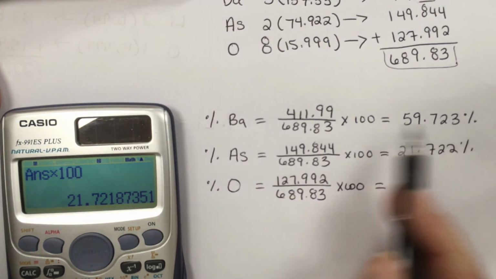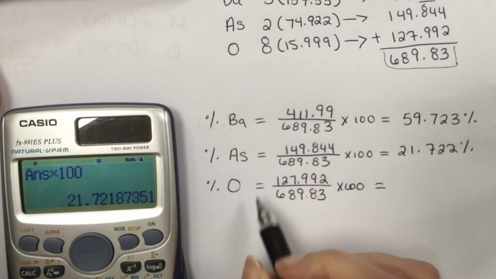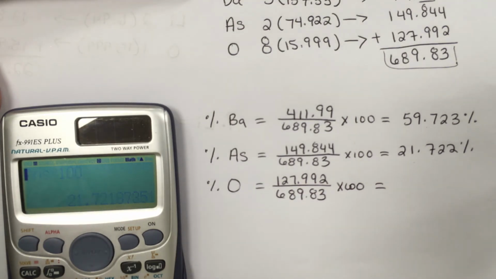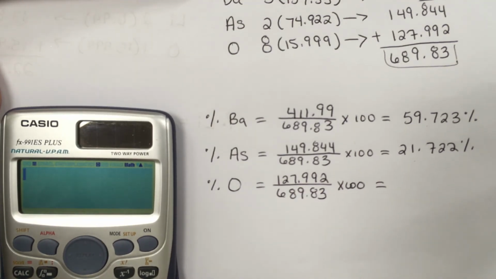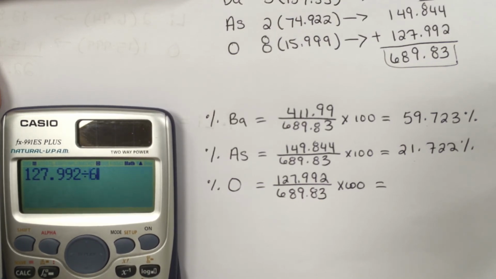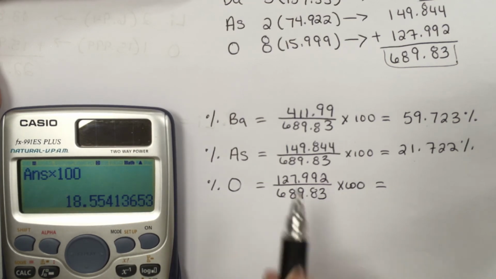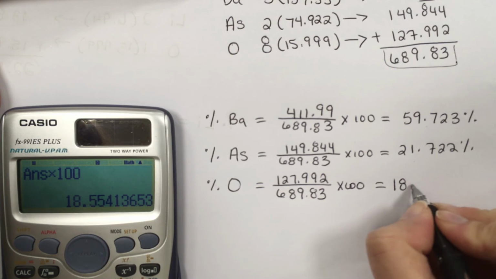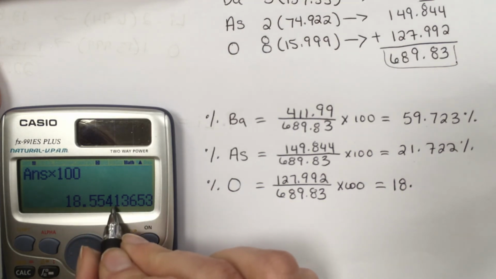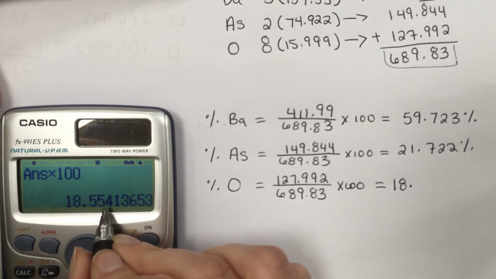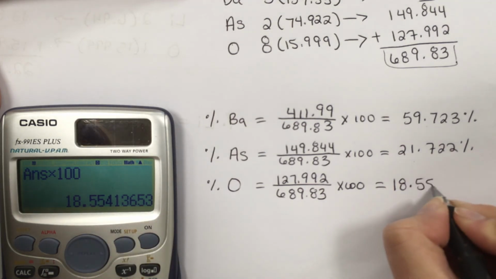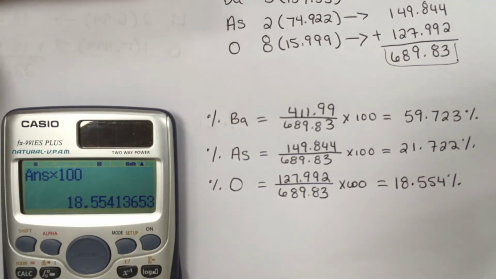So this is the percent for barium, this is the percent for arsenic, and then we just need to find out the percent for oxygen and we'll be done. So 127.992 divided by 689.83 equals, we could just scoot the decimal over to the right, or we can multiply by 100. 18 point, and we need to stop it at 5 significant figures. The 1 won't round the 4 up, so it's going to be 18.554%.